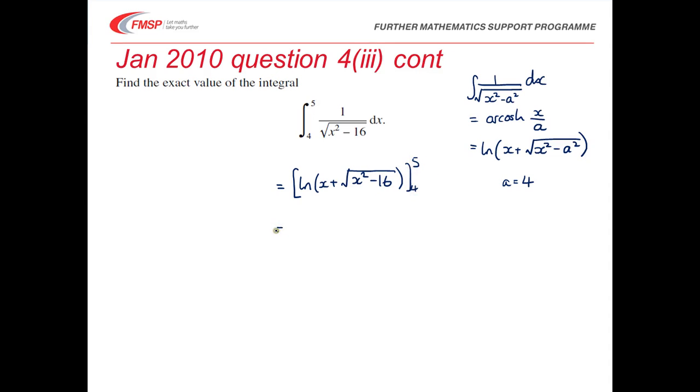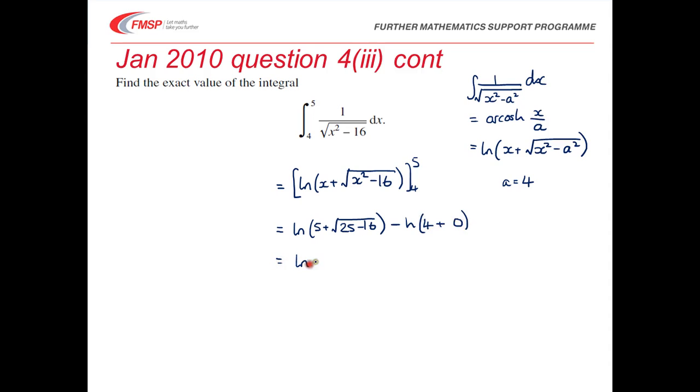You're not expected to do any more working than that. The formula's in the formula book. It's not a show that question, it's simply find the value of the integral. So now we plug in the values. Natural log of 5 plus root 25 minus 16, take away log of 4 plus 0.